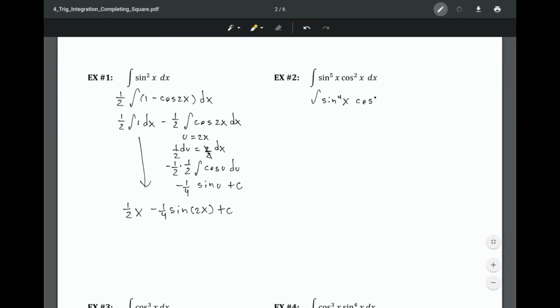So I'm going to leave that cosine alone. That's not going to change. And again, sine of x times sine to the 4th power of x is equal to sine to the 5th power of x, right? So that's how I got that. Sine of x to the 5th power is the combination of those two things that I just underlined.